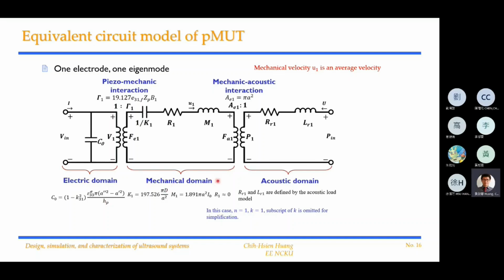Then we move to the mechanical domain. You have capacitive impedance, inductance, and resistance impedance. Here they are all given by these values, so you can directly calculate the values of K1 and M1, where A is the radius, D is the flexural rigidity, and pi is the circular ratio, with the parameters here.